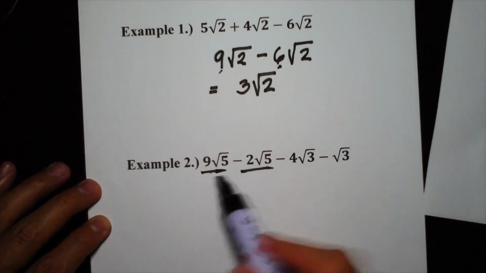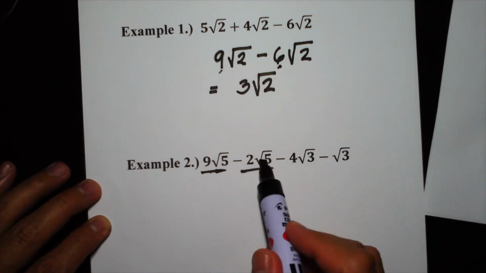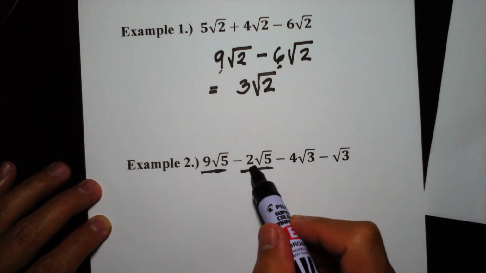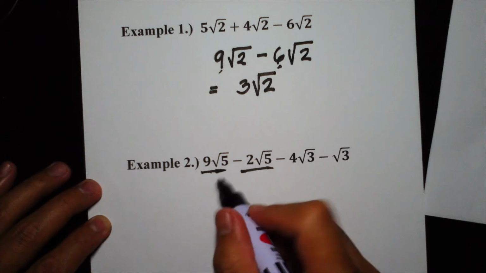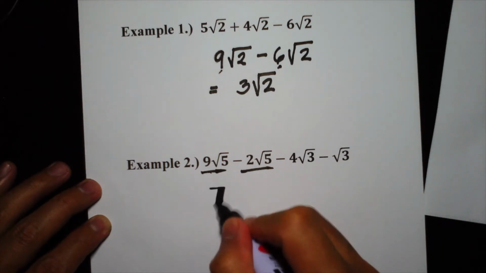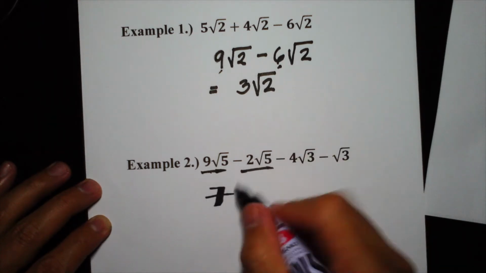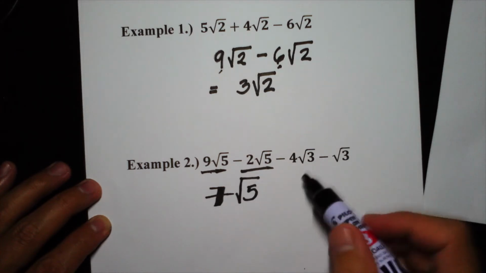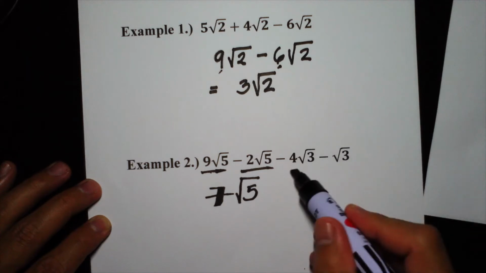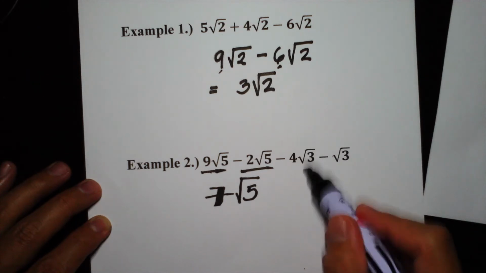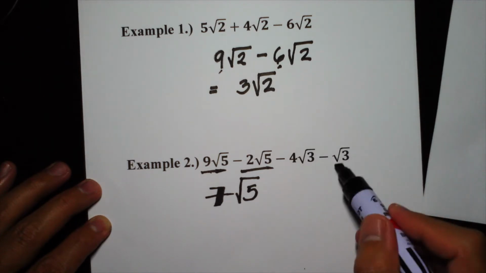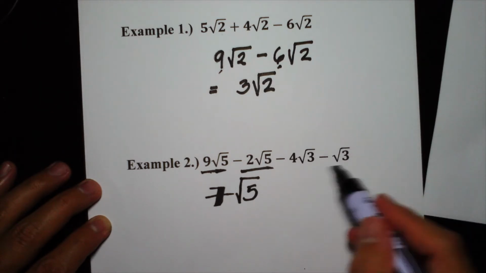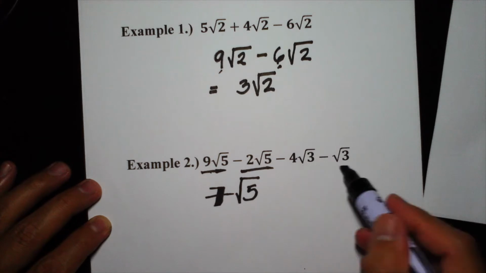So we can perform a subtraction between the two. We have 9 minus 2, that will be 7. Then copy square root of 5. Then we have minus 4 square root of 3 minus square root of 3. We can also perform an operation between the two because they are similar radicals.